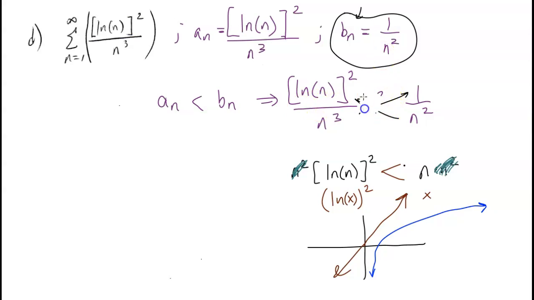For these problems, the hard part is trying to figure out what is a good b sub n to use here. So now that we know that our a sub n, the sequence for the original series that we're considering, is the smaller of the two, and my b sub n is something that I can use.